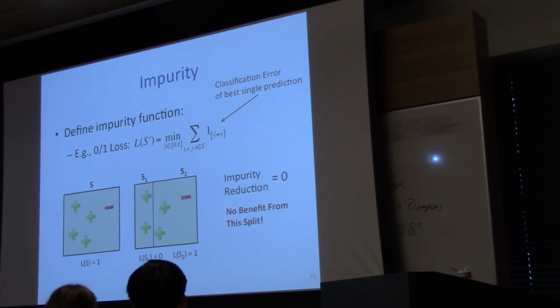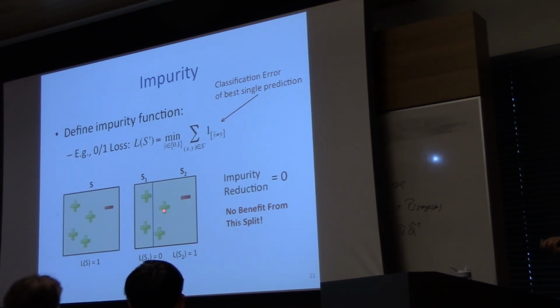So here's one problem. Obviously there are more intelligent splits you can do, but even here, somehow this is better than this, but it's not captured by this impurity function. By this impurity function, this decision tree is no better than this decision tree, even though this obviously is, although we can find a better one. No benefit from this split.